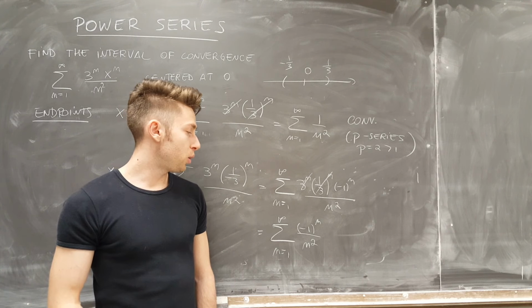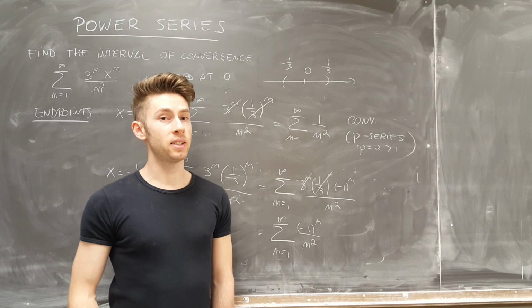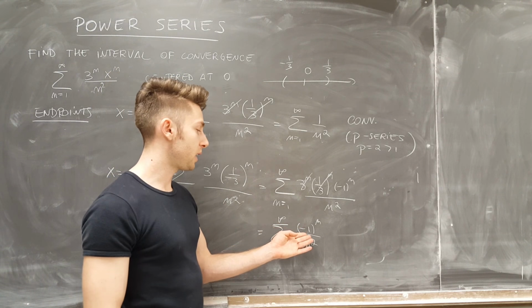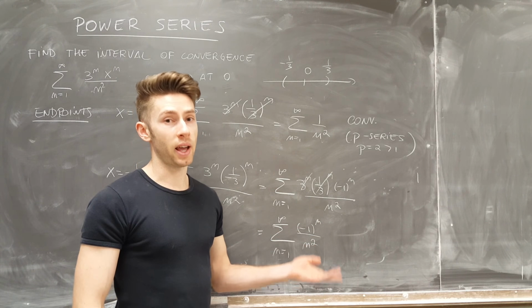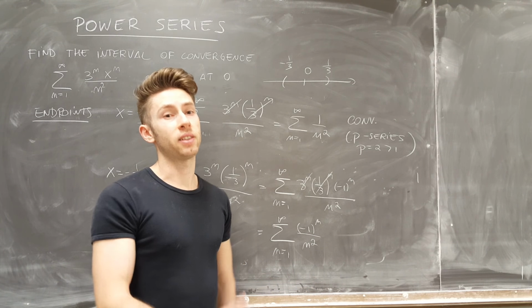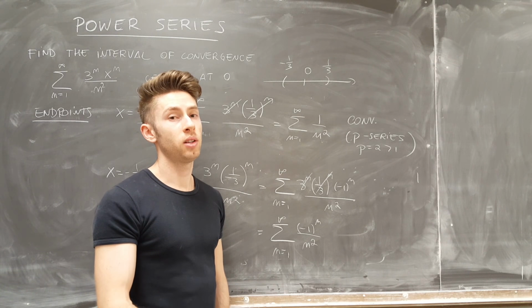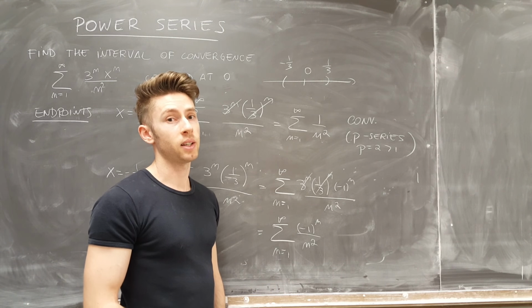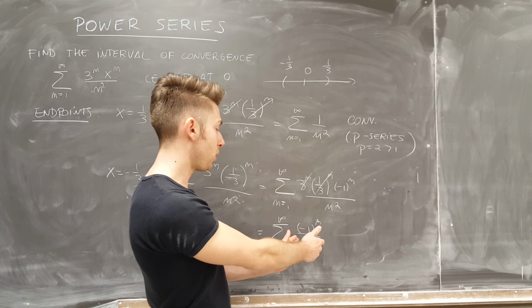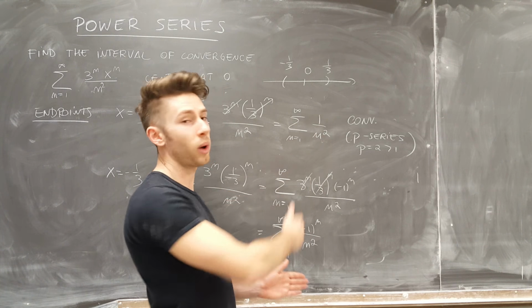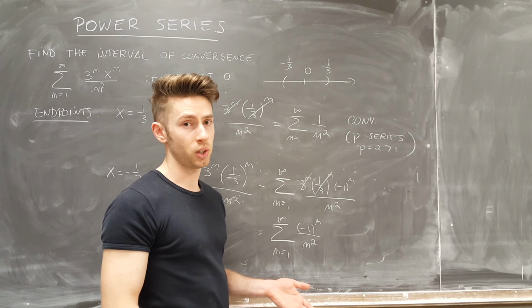So you could either use the alternating series test, because this is an alternating series. You have negative 1 to the n times 1 over n squared, which is clearly decreasing and has limit 0. So this is convergent by the alternating series test. Or if you take the absolute value, you get back to the series of 1 over n squared, which is convergent.